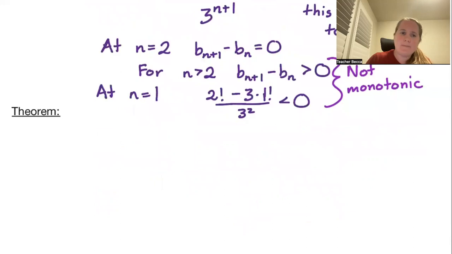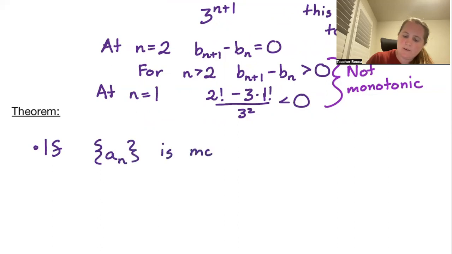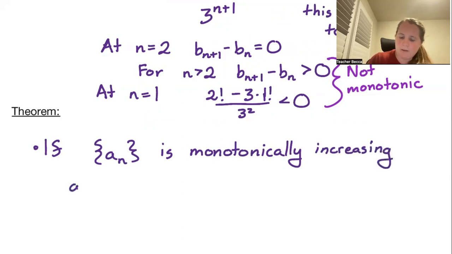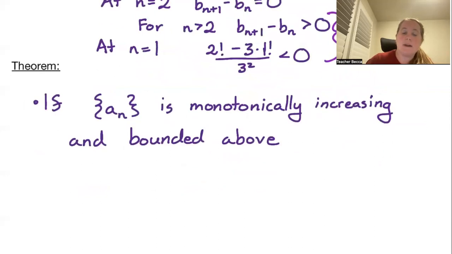So a quick theorem. If the sequence a sub n is monotonically increasing and bounded above, then a sub n converges.